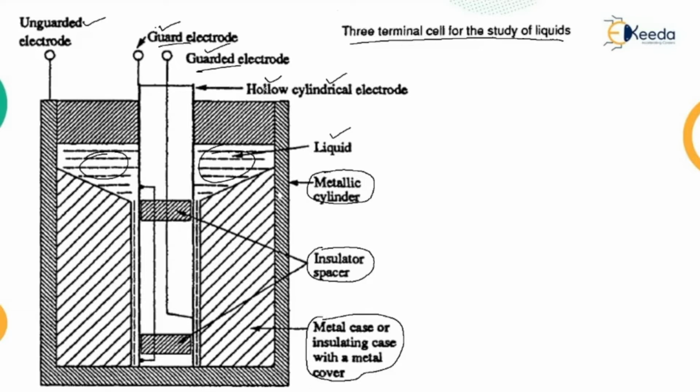The inner surface of the container electrode, that is the unguarded electrode, and the outer surface of the guard and guarded electrodes should be carefully finished, and a clearance of 0.25 mm to 0.5 mm should be accurately maintained.